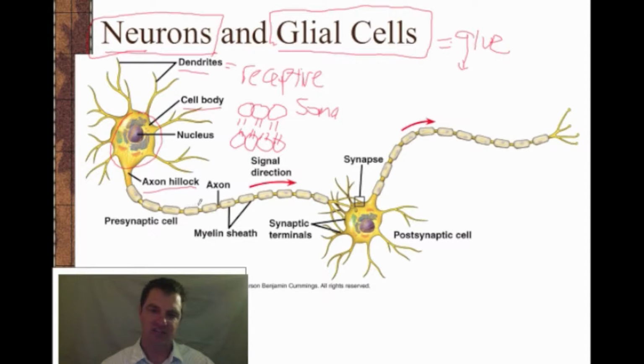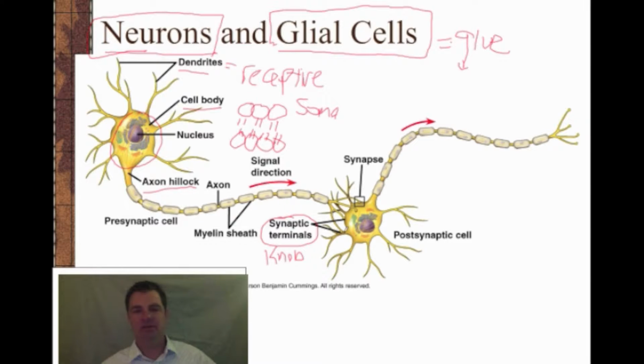So this is the axon here, and the electrical signal is going to travel down the axon, and it's going to come all the way down to the end of this cell, and this end of the cell is called the synaptic terminal. You'll also see it as the synaptic knobs, and there are a couple of different names for it, but that's the end of the cell.